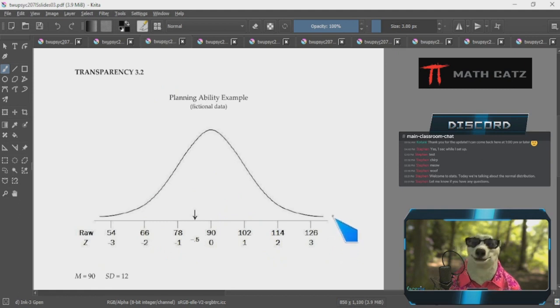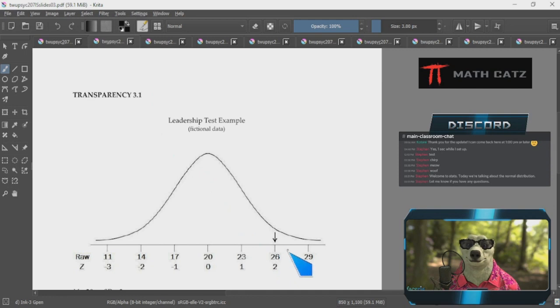How do we really compare them? If someone sits over here on the planning ability distribution, is that better or worse, more average or not, than if they sat over here in the leadership test?